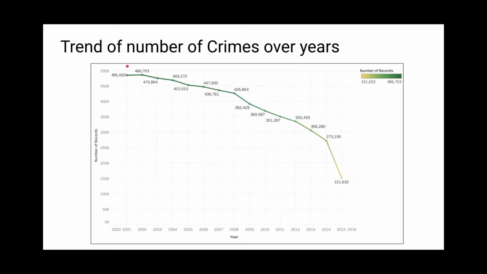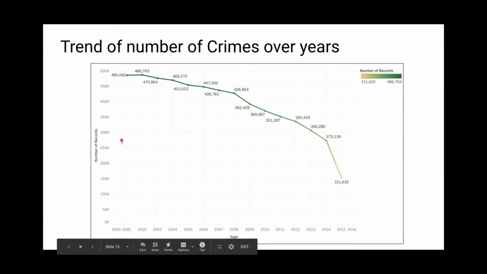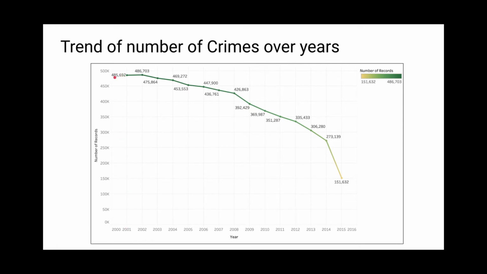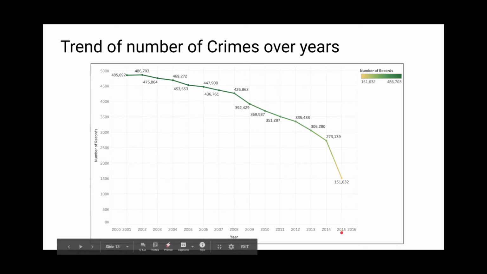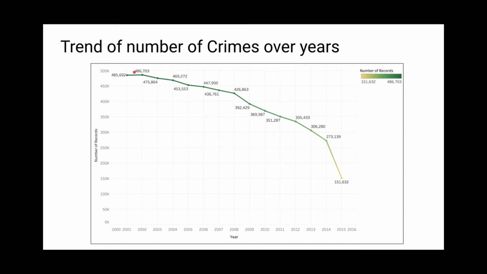And in this graph, we can see the trend of the number of crimes over years. So in 2001, the number of crimes was 485,692, and that came down to 151,632 in 2015. So that shows an obvious decreasing pattern in the number of crimes.